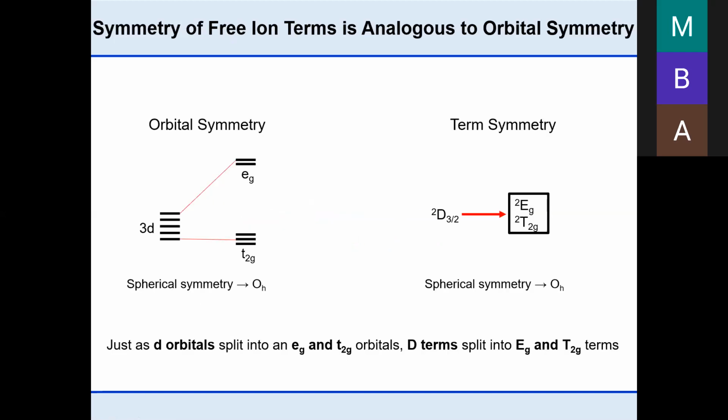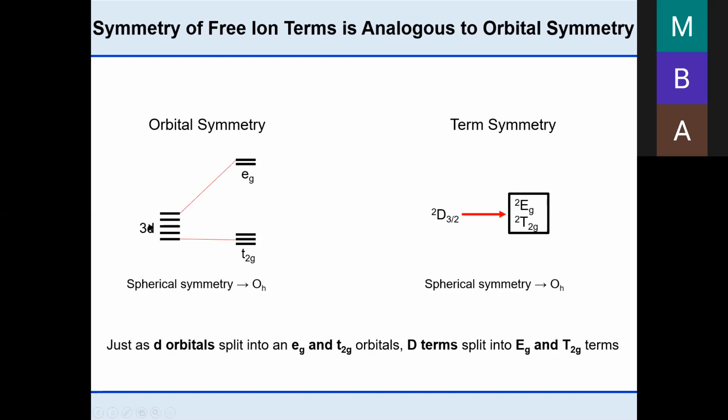Okay. So it's also worth noting that the symmetry of free ion term symbols is analogous to that of orbital symmetry. To illustrate this, I have shown on the left what should be pretty familiar to you by now, which is how the d orbitals transform in octahedral symmetry. And on the right, I have how a D term transforms in octahedral symmetry.